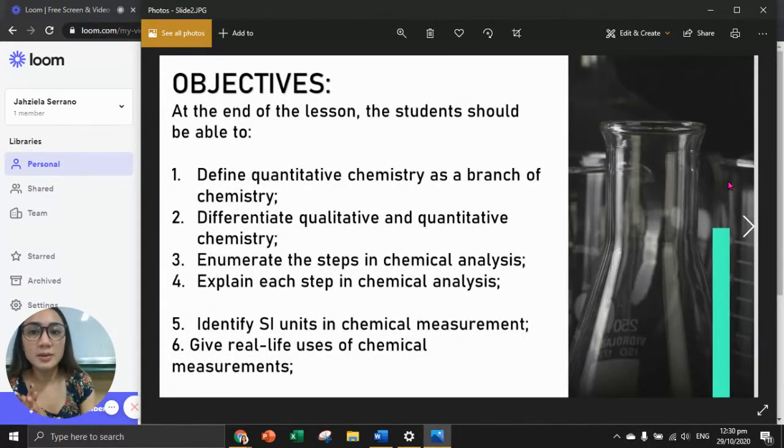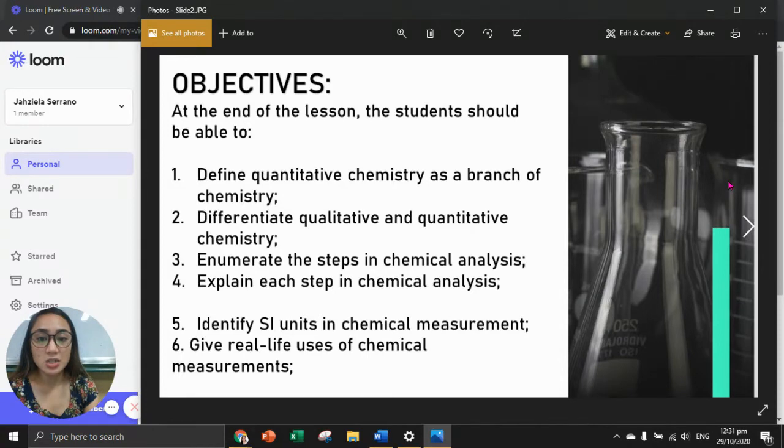Okay, so our objectives at the end of the lesson in this module, the students should be able to: first, define quantitative chemistry as a branch of chemistry or branch of science. Two, differentiate qualitative and quantitative chemistry. Three, enumerate the steps in chemical analysis.